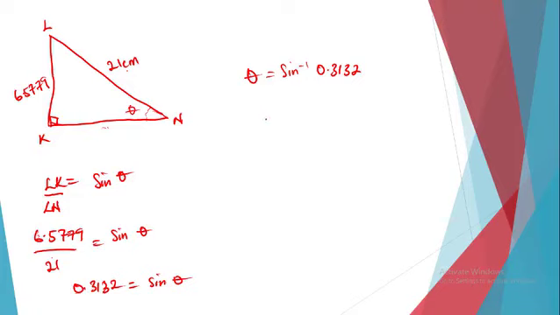You press shift sine of 0.3132. Therefore theta will give us 18.290, and we need to approximate that to give us 18.3 degrees. So the angle of this triangle at N is equal to what? 18.3 degrees.